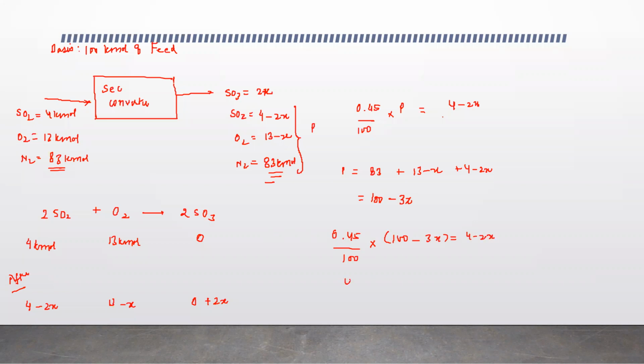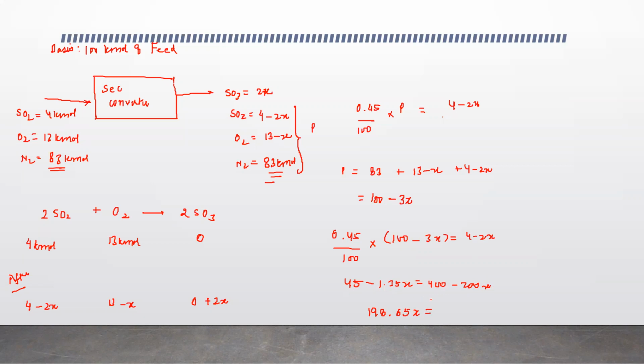So simplifying, we'll get 45 minus 3 into 0.45, that is 1.35x, is equal to 400 minus 200x. Now this 200x we'll send here, and 45 we'll bring here. So we'll get 200 minus 1.35, that is 198.65x, right?